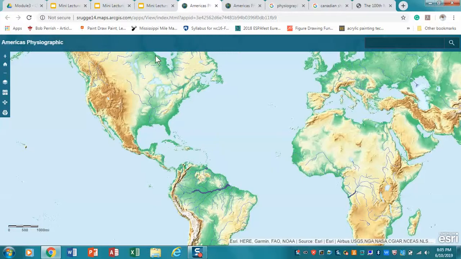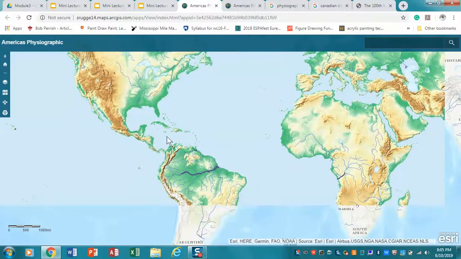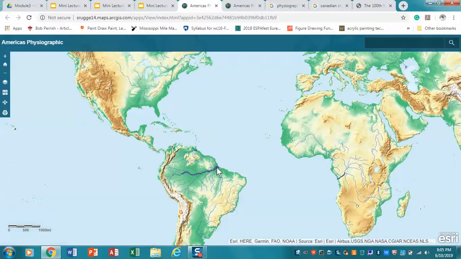It is important to note, though, along the Hudson Bay, there are some drainages in Canada that actually are north draining. Now, contrast that with the Amazon Basin. These are the two large basins that contribute to much of the water that moves from the inland in both of these continents to the coasts, one in the Gulf of Mexico, one into the Atlantic Ocean.